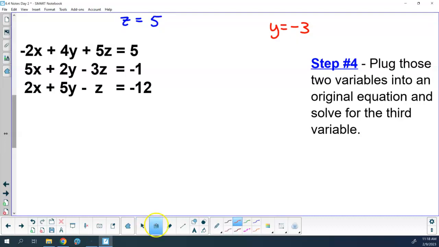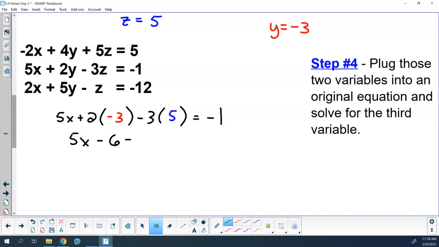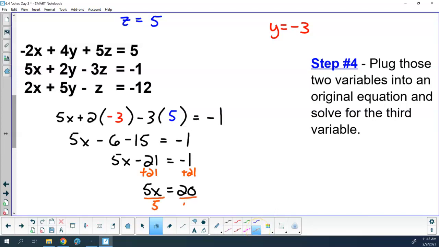Okay. 5x plus 2 times negative 3 minus 3 times 5 is negative 1. 5x minus 6 minus 15 equals negative 1. 5x minus 21 equals negative 1. Add 21. 5x equals 20. X equals 4.